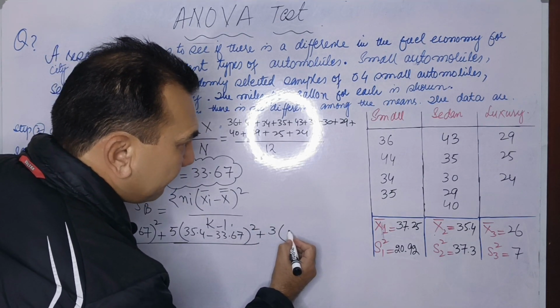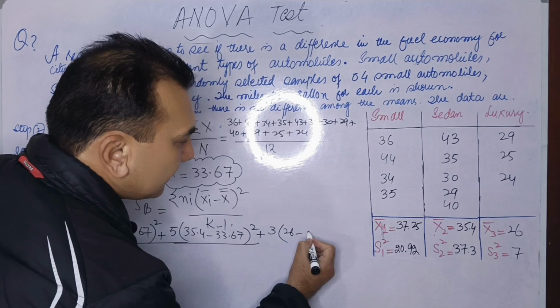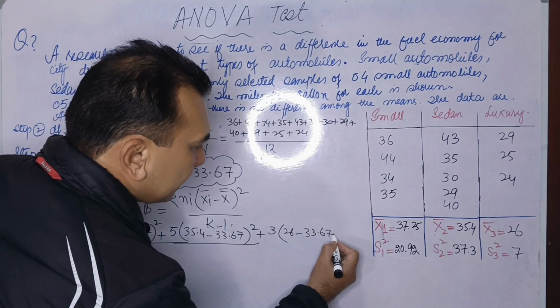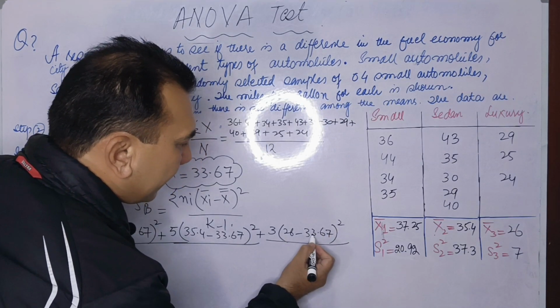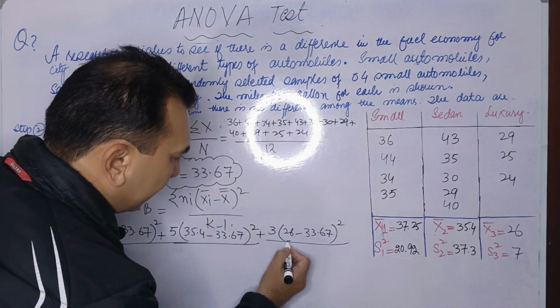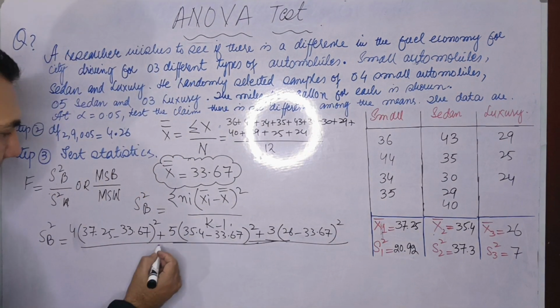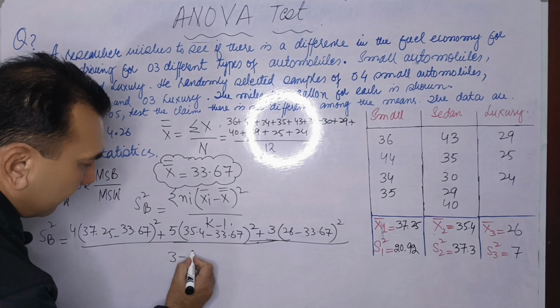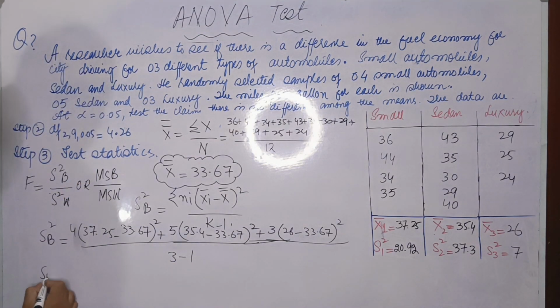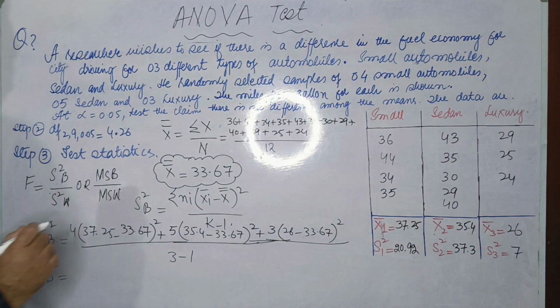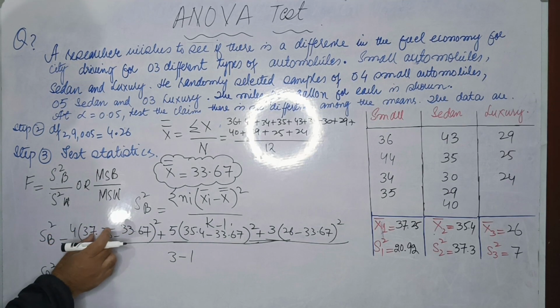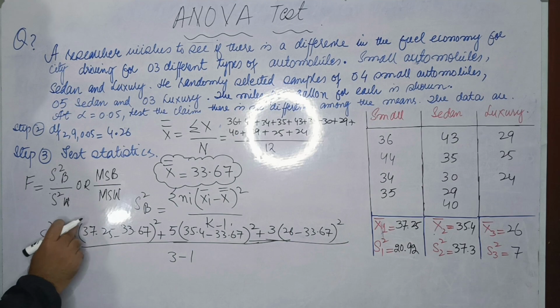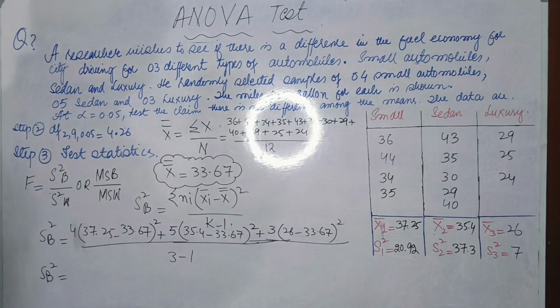What is the sample mean? 26 minus 33.67, the grand mean. We subtract the grand mean from the sample mean, and then we divide. What is k? How many groups do we have? 3 minus 1. So for s_B square, first of all we subtract the grand mean from the sample mean, then we square it, and then we multiply by 4.